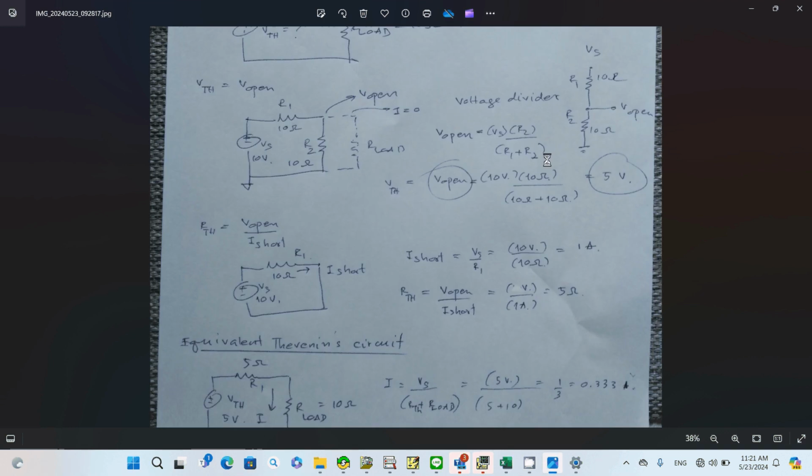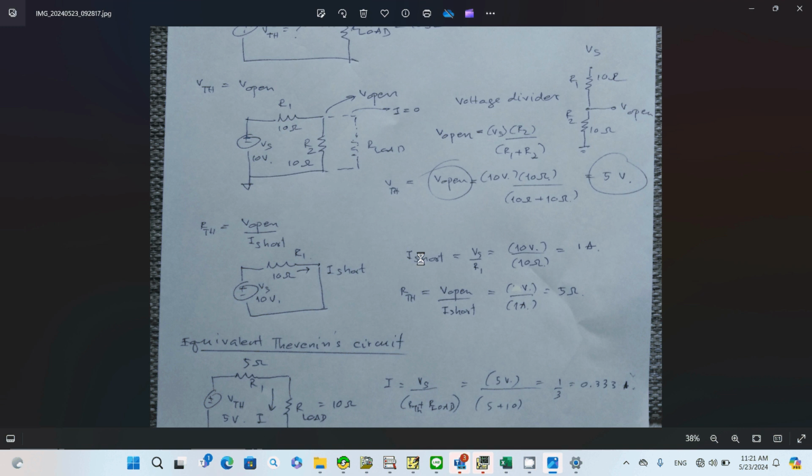Now what about RTH? RTH is V open divided by I short. What is I short? Well, you short the load, or your resistance becomes 0. Simply look for the current flowing through R1. This is easy, right?